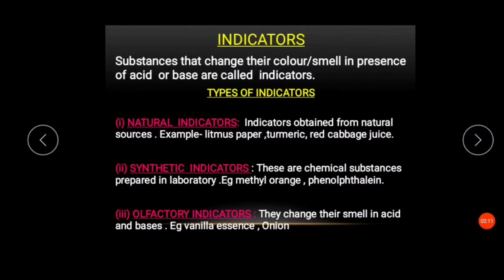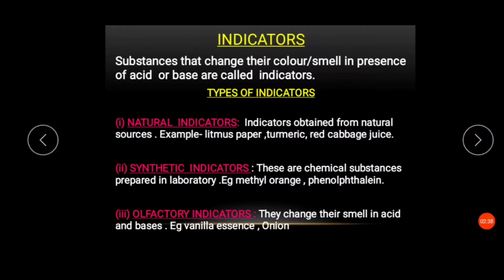Natural indicators are those indicators which are obtained naturally from plants or animals. The most basic natural indicators used are litmus paper, turmeric and red cabbage juice. Synthetic indicators are chemical substances which are prepared in a laboratory. So it means they are prepared in a lab or factory. They are man-made.